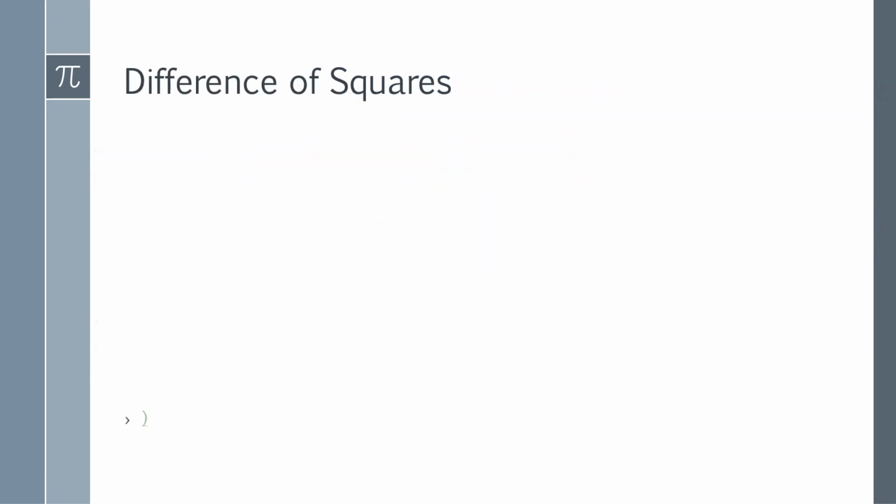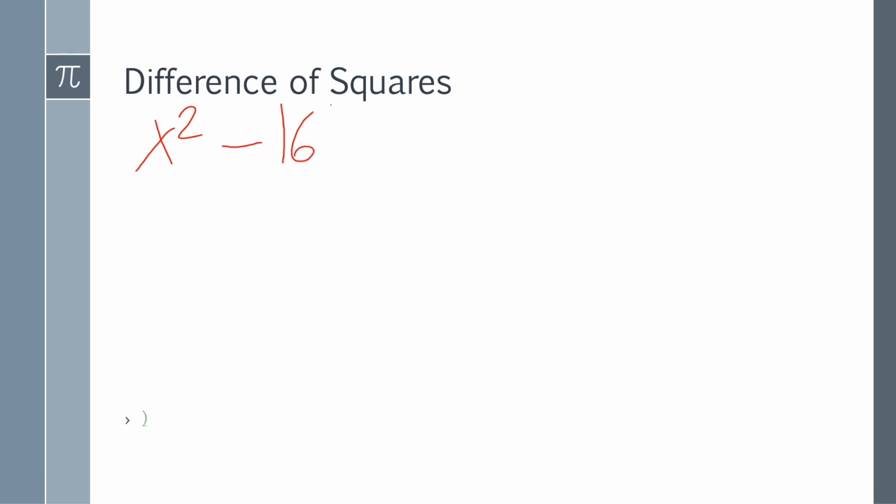All right. Difference of squares. It's not that hard of a technique. You just have to write it. So difference of squares is just another way of writing factors. So you got x squared minus 16, right?